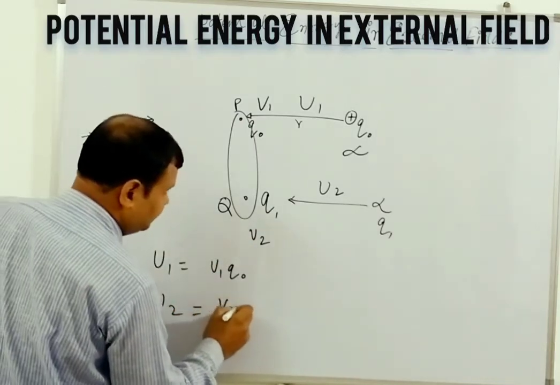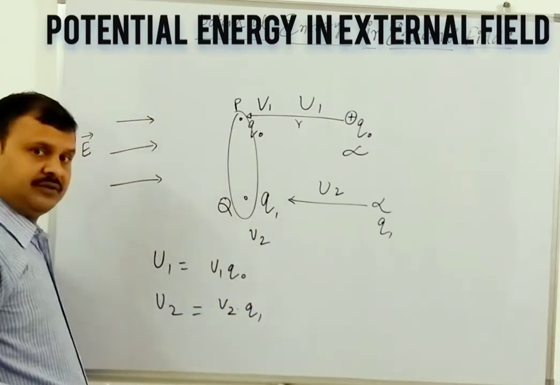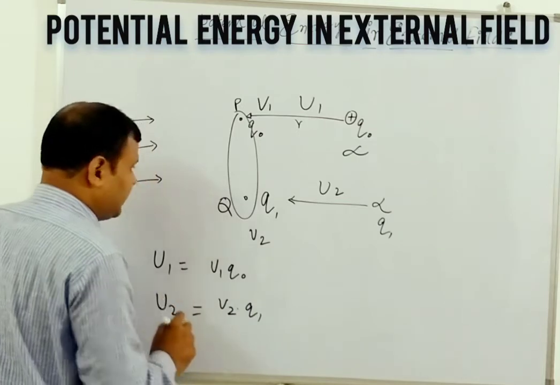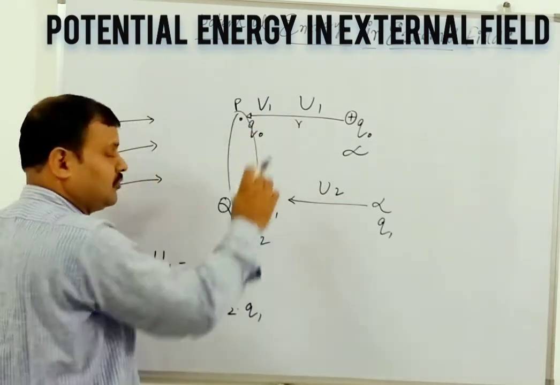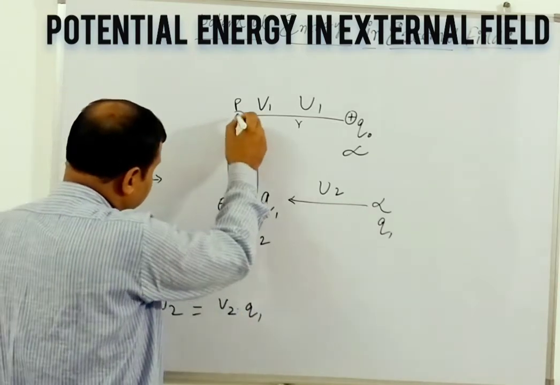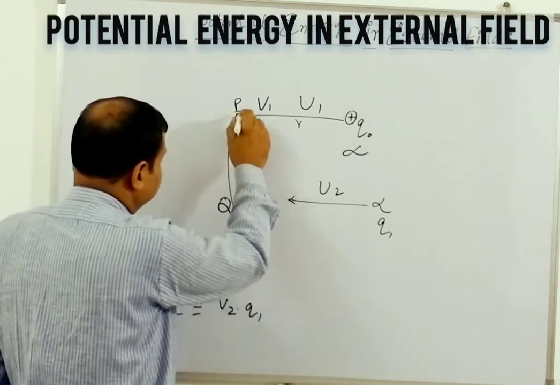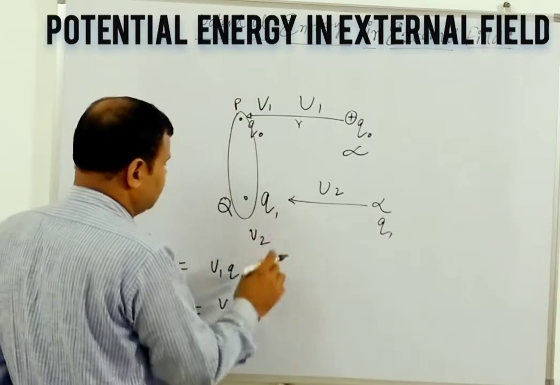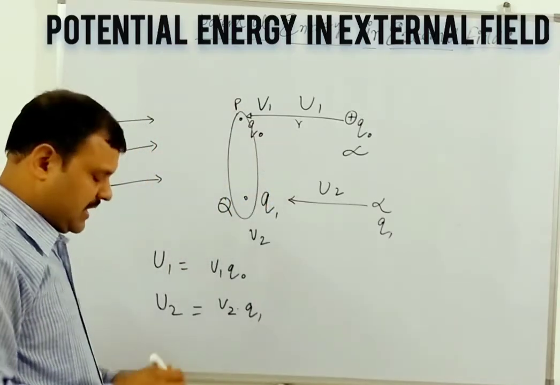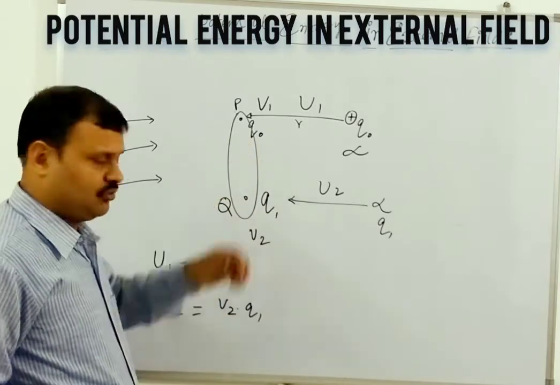So V2 and Q1, and another thing also works here. The Q0 charge is already present at P, so it will also create some potential due to its own charge, and it will repel the new charge from coming to this configuration. So we need to add some extra work due to the presence of Q0.